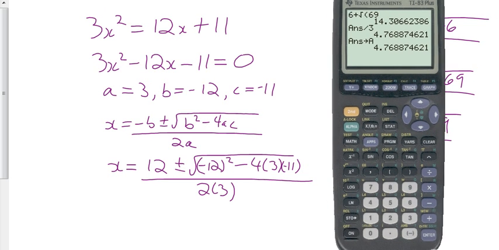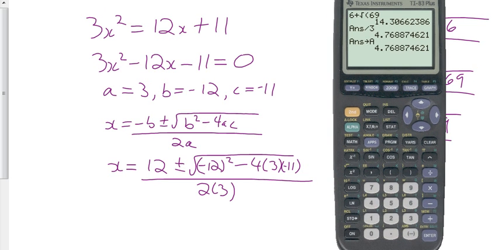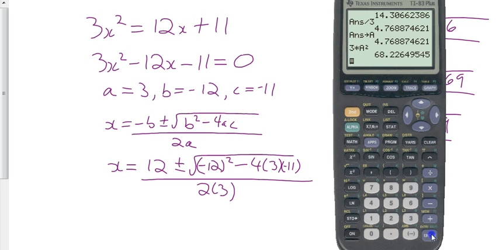Now I want to go 3 times A squared, because that's the left side. And I want 12A plus 11, because that's the right side. And these two are the same, so I know it's right.